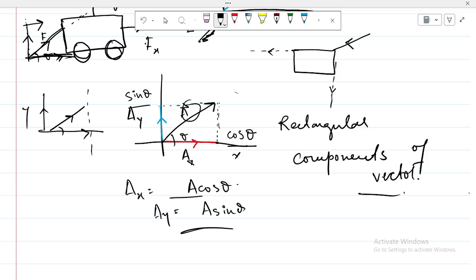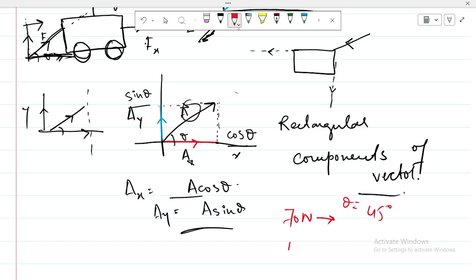For example, we know the total force that we are applying is 70 newtons, and I know the direction we are applying it in is, let's say, 45 degrees.